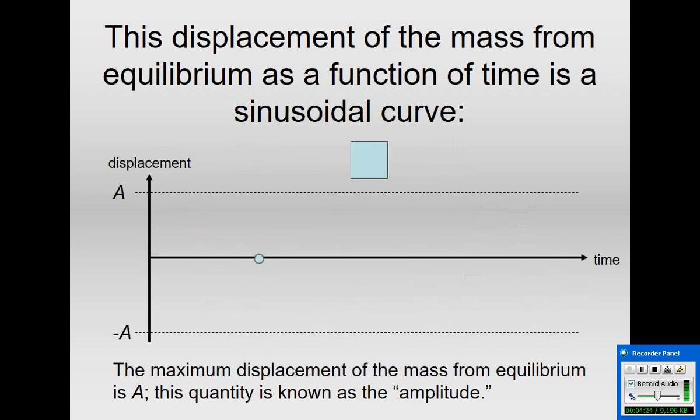It's really one-dimensional spatial motion. I'm also going to point out a little bit of terminology. I use the symbol capital A to represent the maximum displacement of the object from equilibrium, and the word for that is amplitude. Amplitude is the maximum displacement, the farthest the object gets from its equilibrium position.